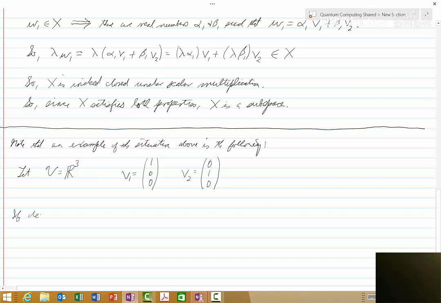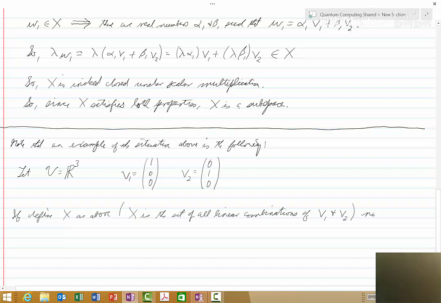If we define X as above, in other words, X is the set of all linear combinations of V1 and V2, then note that X is simply R2, or the set of all vectors in the xy plane.